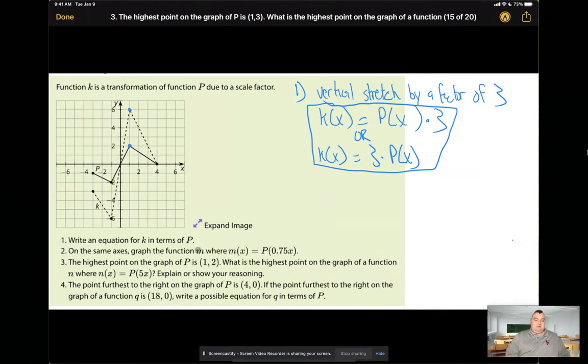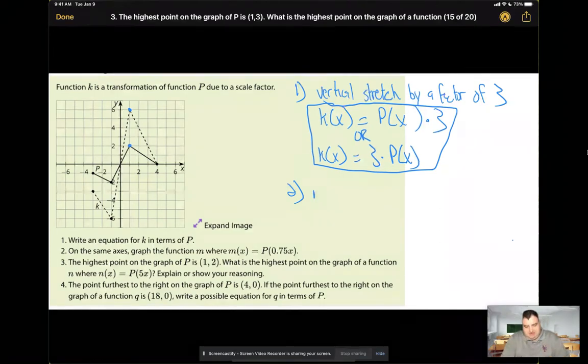Number 2, on the same set of axes, graph the function m, where m of x equals p of 0.75x.